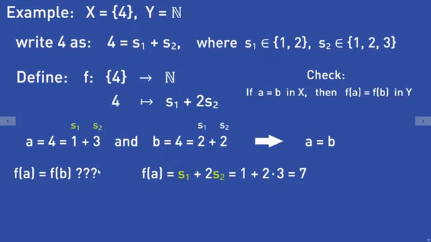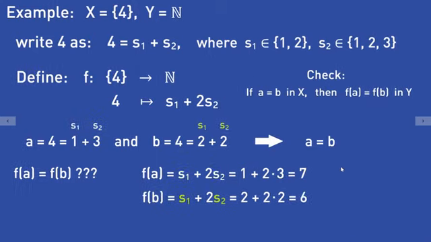So f of a is equal to s1 plus 2 times s2. In this case, s1 is this number here and s2 is that number here. So we can insert for s1 and s2 and get 1 plus 2 times 3, which is 7.